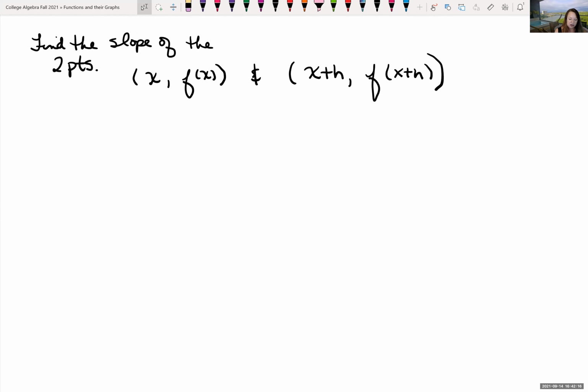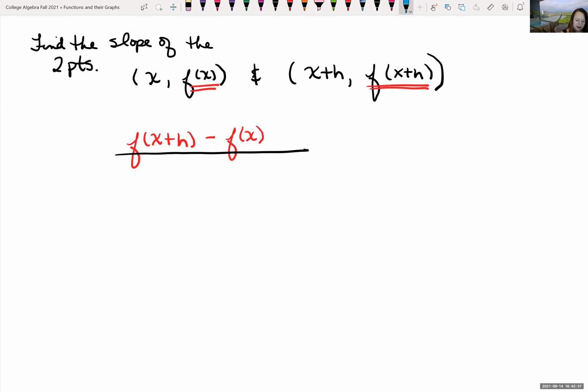Okay, so recall the slope is our change in our y value. So our second point, f of x plus h, minus the y value of our first point, f of x, all over this change in my x value.